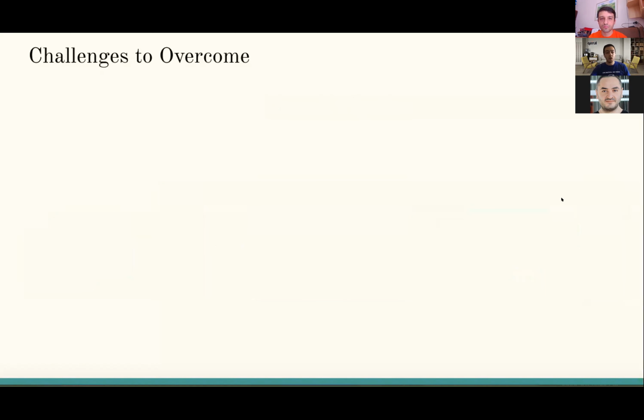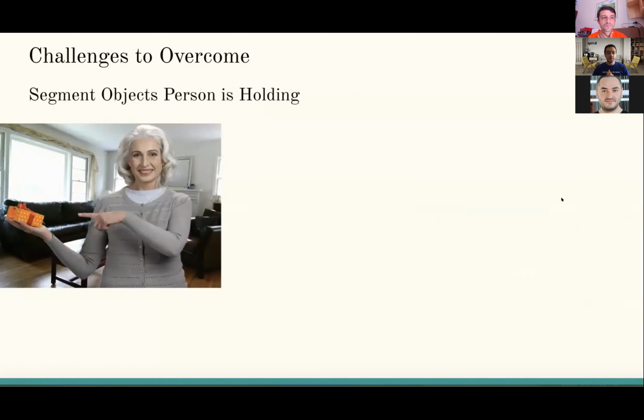So one of the challenges is that when your object is holding another object, like in this picture where she holds a gift, in the ideal case you would like to segment this gift too.